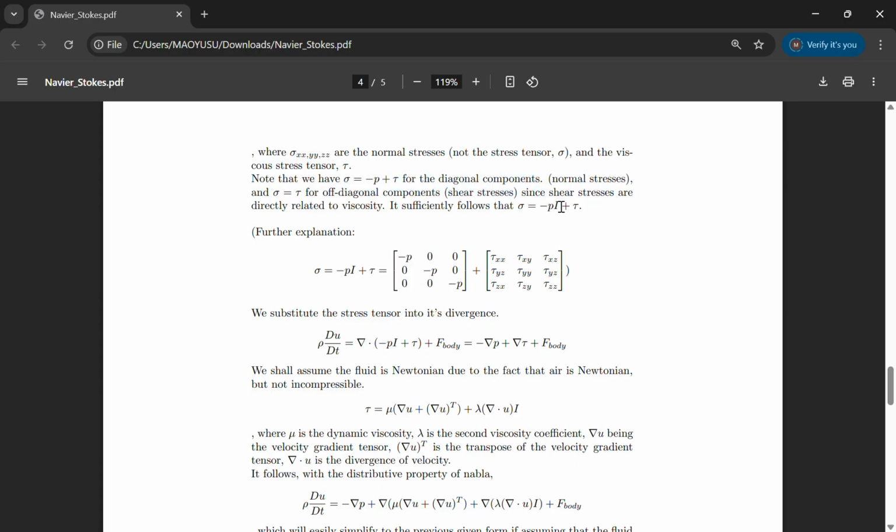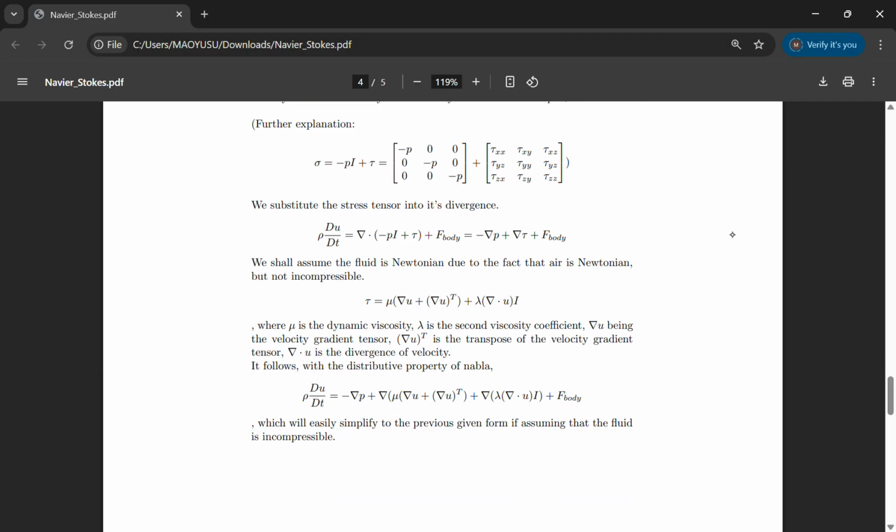Oh, so we can see the I here. Yeah, sorry, I was wrong. And sigma equals tau for off-diagonal components, since shear stresses are directly related to viscosity, and so it follows this. If I had to explain more, I can just expand the previous matrix form to this. So sigma equals negative p I plus tau. This is a negative p, and this is the tau.